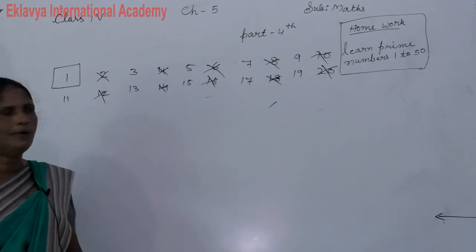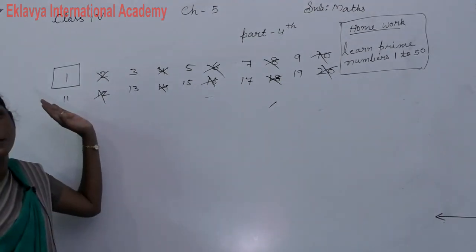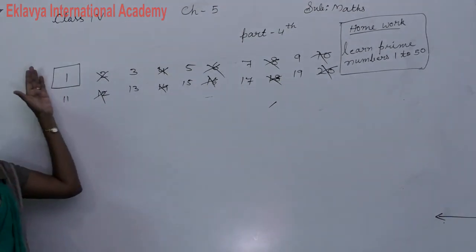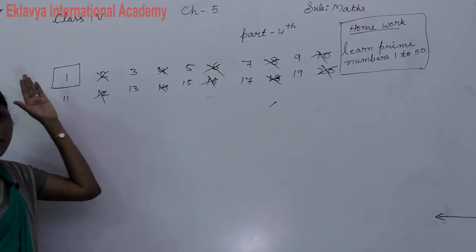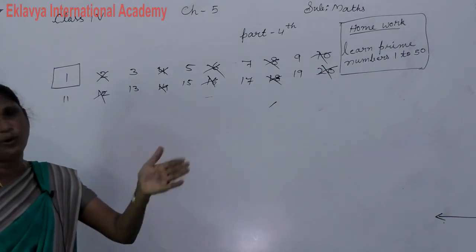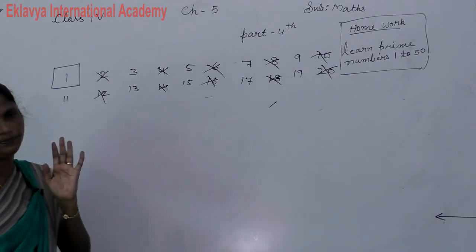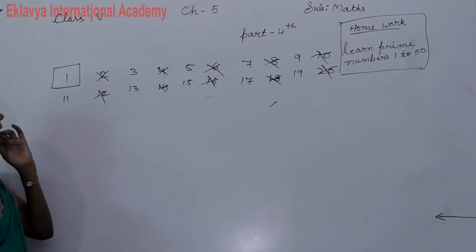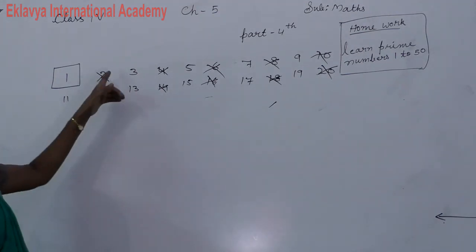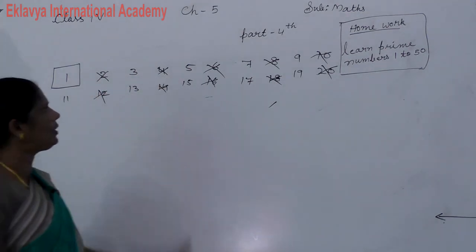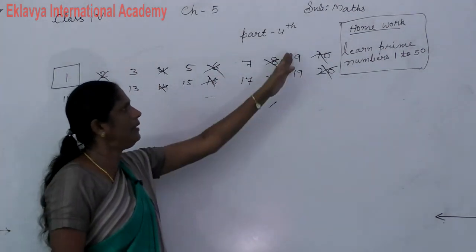Understand? First you square the 1. That is, 1 is neither a prime nor a composite. Then second, you cross the line of 2: 4, then 6, then 8.